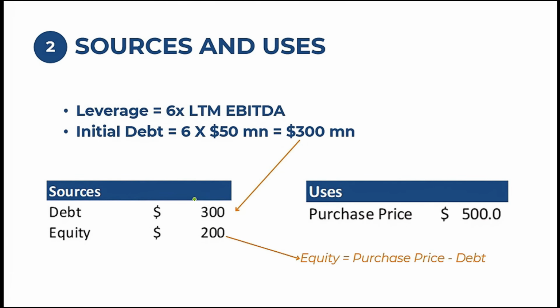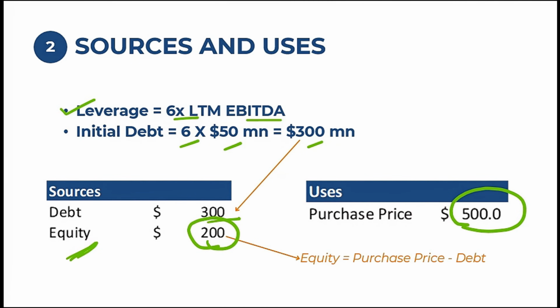Next step, let's see how we are financing the deal and where the money is going. The company is leveraged at 6x LTM EBITDA, which was given. That means the debt used in this transaction is 6 into 50, which is 300 million. Since our total purchase price is 500, the remaining portion, 500 minus 300, is 200.